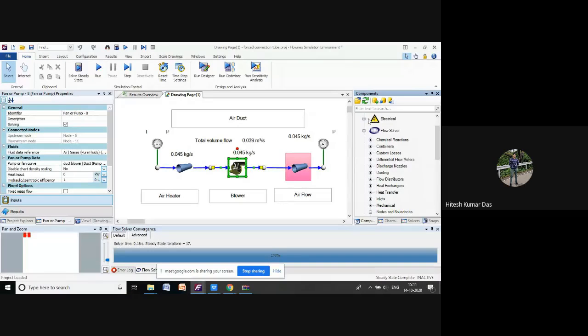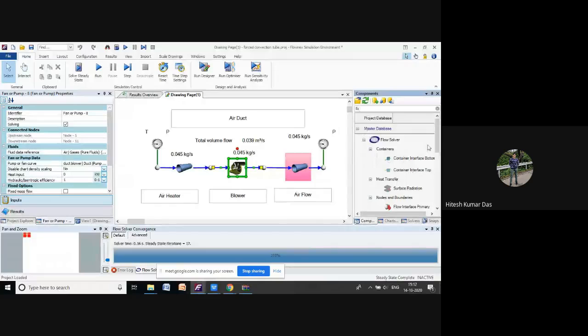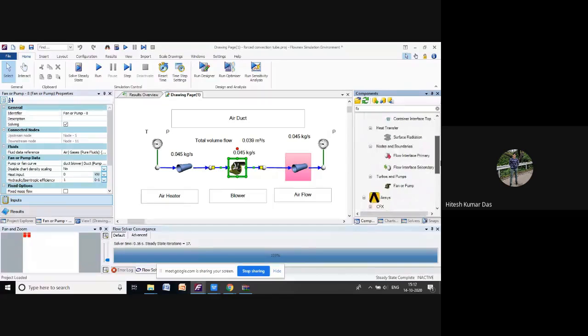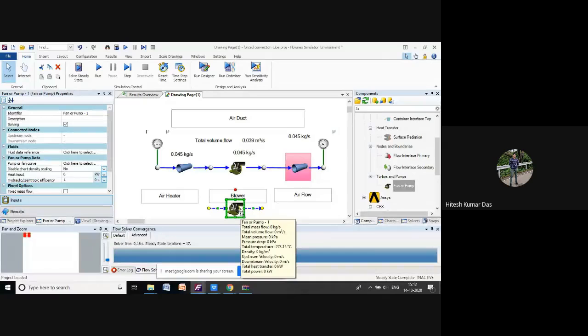Whatever component you need, you can just type here, like fan and pump, and you can see all the matching components. Just click on it and drag it into your canvas. This shortens your simulation time a lot.